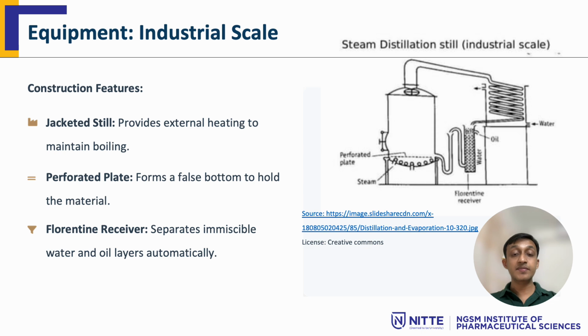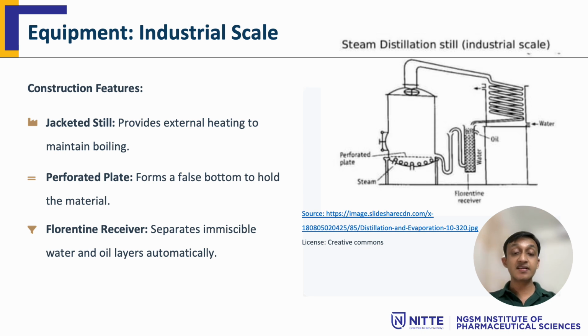When the steam enters from below, it rises evenly through the perforations, ensures efficient contact with the material, and maximizes the extraction of volatile components. Now, after vaporization, the vapor mixture is condensed just like in the lab setup.